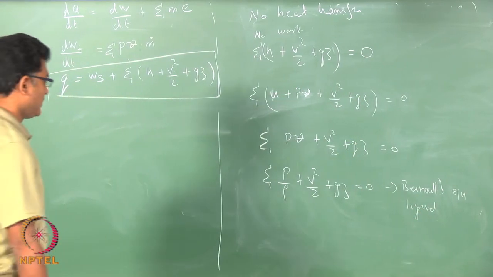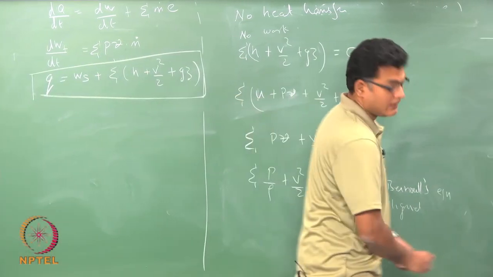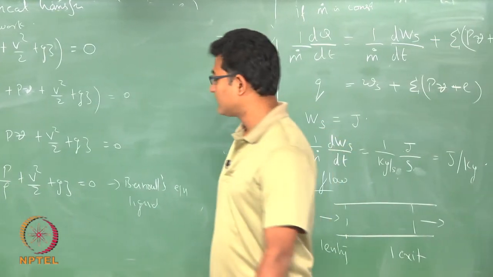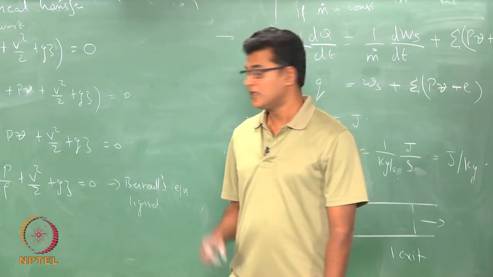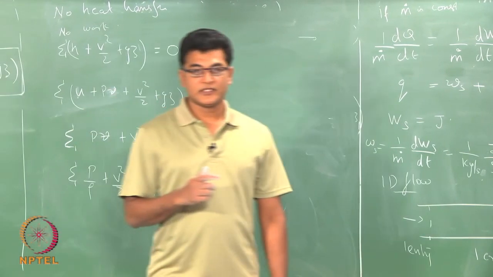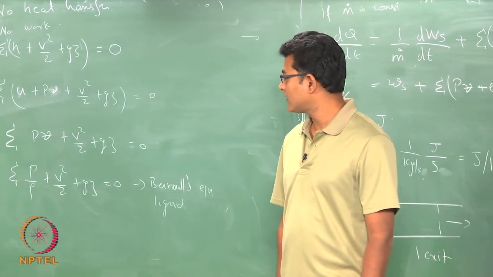Okay. So, we have derived the mass conservation equation, energy conservation equation and momentum conservation equation. It is a combination of the Reynolds transport equation with the laws of motion and the second law of thermodynamics.